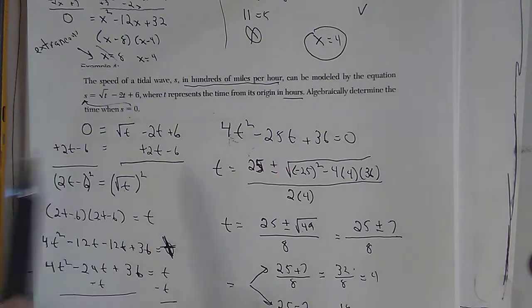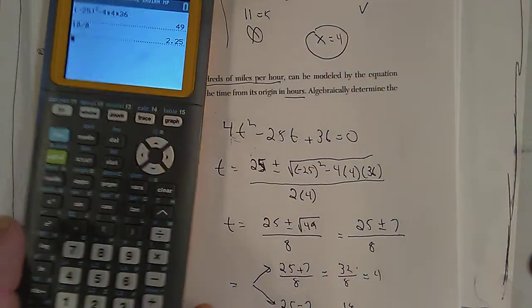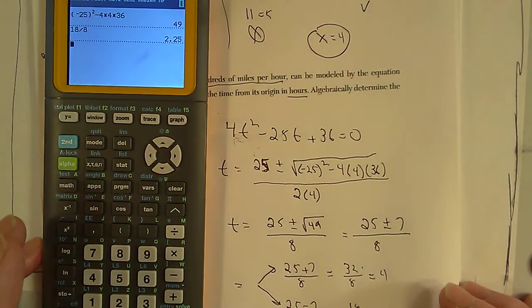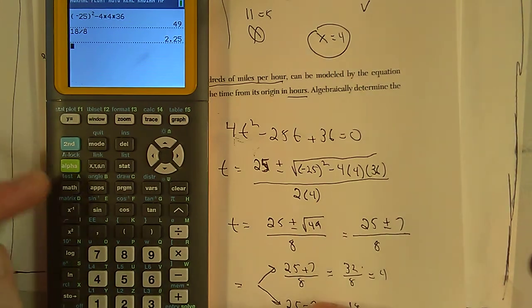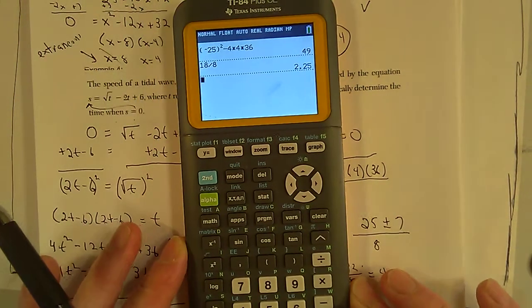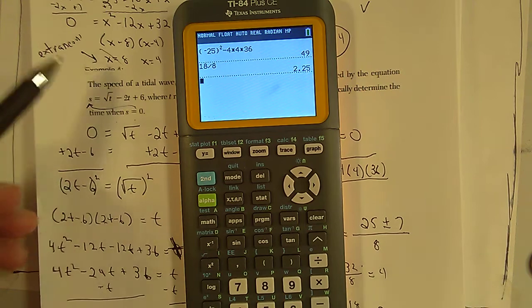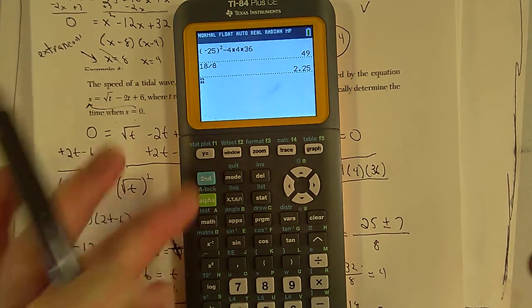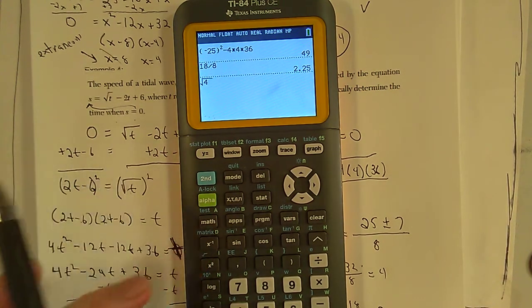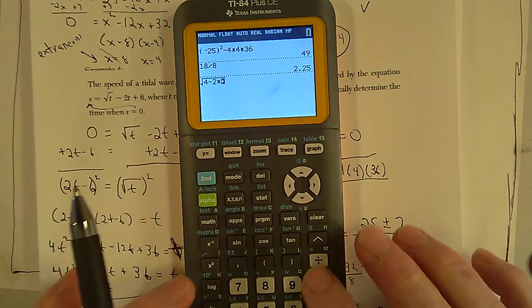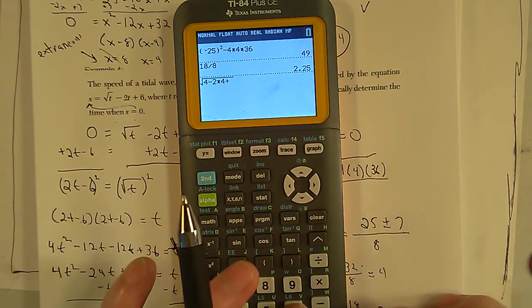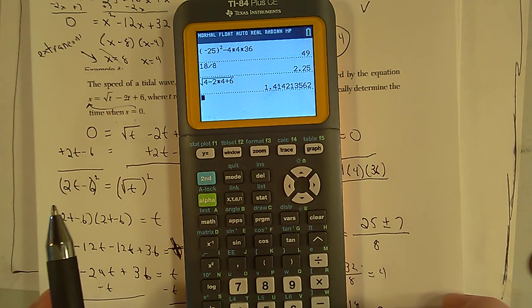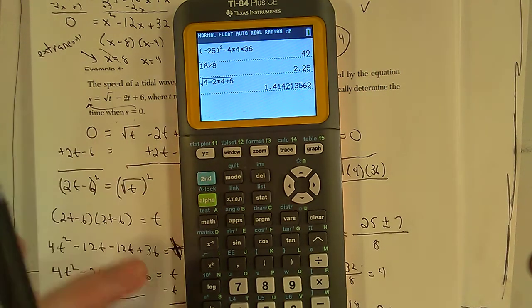Let's see, plug them in, see which one gives me 0. So here's the original. Square root 4 minus 2 times 4 plus 6 equals that. That's not 0. So now let's try 2.25.